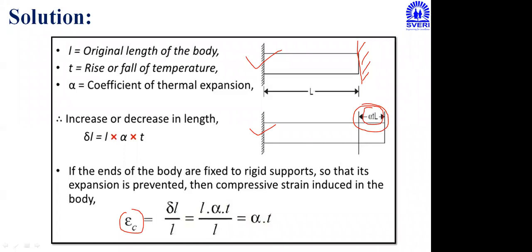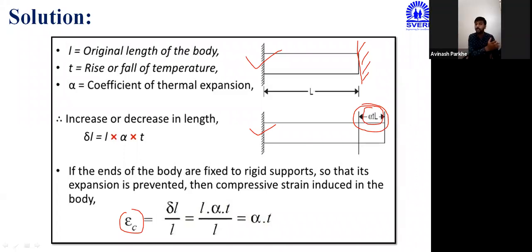But this concept is totally opposite to the concept when body is subjected to the external load. If body is subjected to the external load, due to that particular external force, both stress and strain will be developed. But in case of the thermal stress concept, it is exactly opposite.